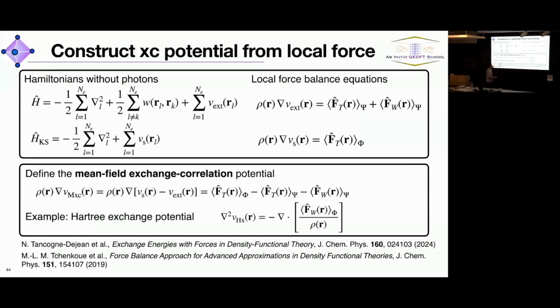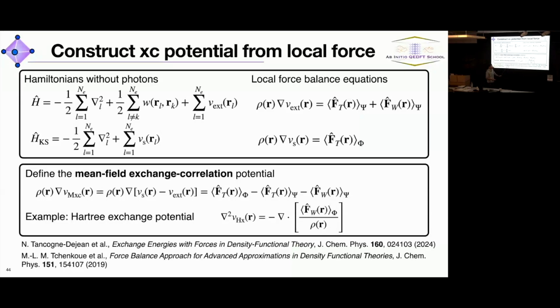For example, if I choose the electron interaction, and replace the exact wave function with the Slater determinant, then the corresponding potential is the Hartree exchange. If you know this, you can write it down explicitly using the Kohn-Sham orbitals. And once you solve this Poisson's equation, you get the Hartree exchange potential.